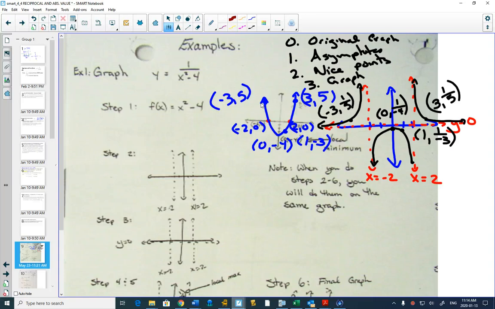Because for an x-intercept to happen, you need y equal to 0. And for y equal to 0, the only time a fraction is equal to 0 is if the numerator is equal to 0, and the numerator is always 1. So there's no x-intercepts, you've got your asymptotes, and so then you just need to draw your graph towards your asymptotes in the end. This graph you did in grade 11.